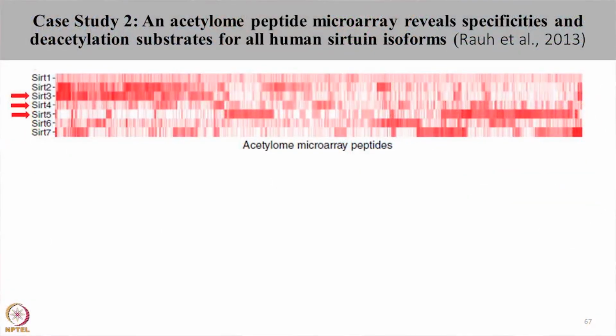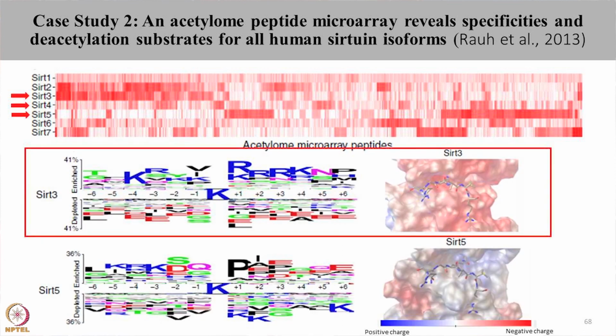Coming to the other isoforms of sirtuins, that is 3, 4 and 5, which are located at the mitochondria. Here also you can see that there is a huge change in the preferences of the peptides that are selected by all the 3 different isoforms. In this you can see that the peptide binding groove for sirtuin 3 is highly negative.